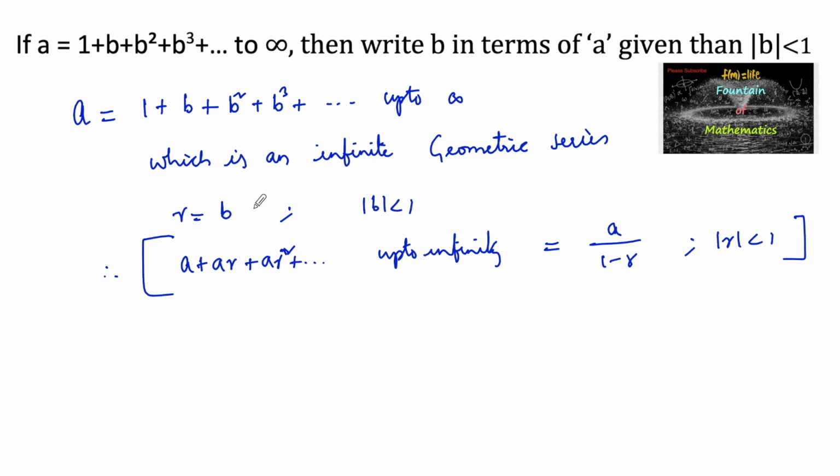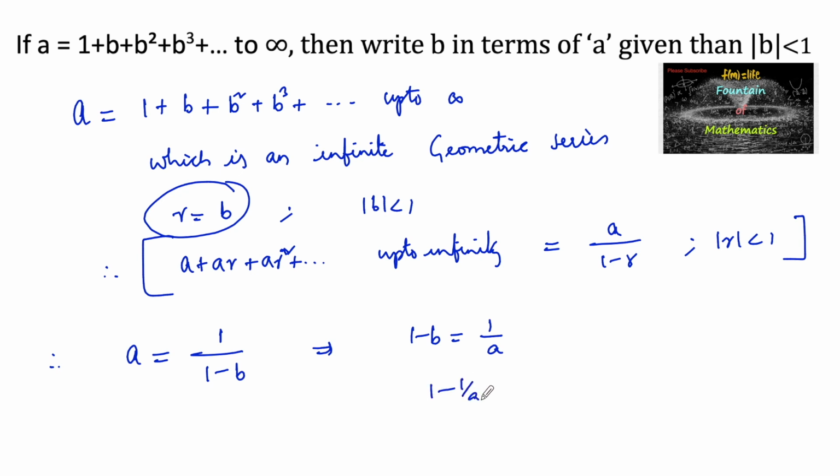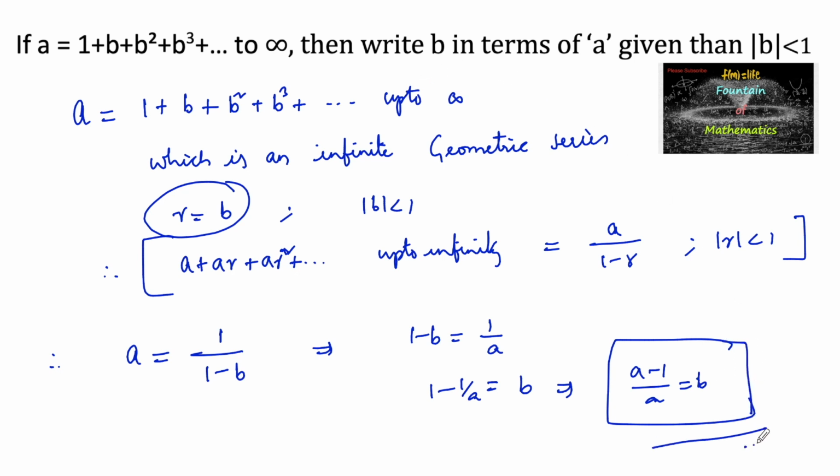So here mod B is less than 1, which is the common ratio. Therefore we can apply the formula, A is equal to 1 upon 1 minus B, or by simplifying, 1 minus B is equal to 1 upon A, or 1 minus 1 upon A is equal to B, or A minus 1 upon A is equal to B. Therefore B in terms of A is nothing but A minus 1 upon A. This is the answer.